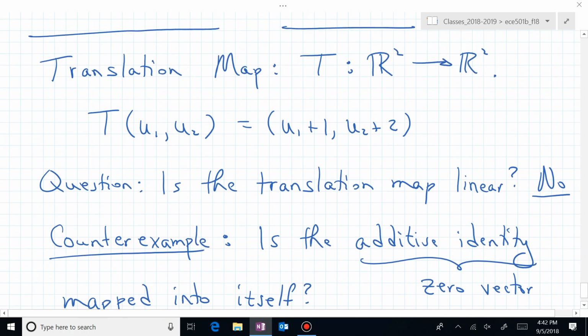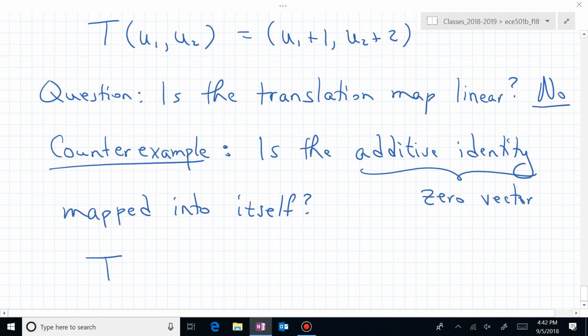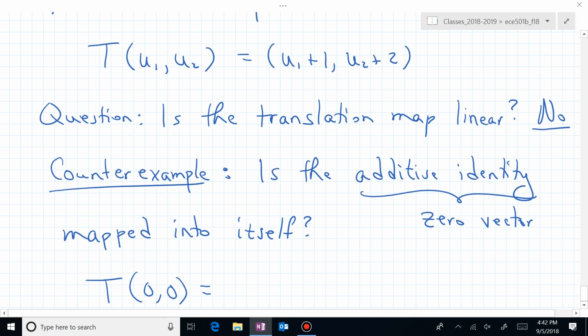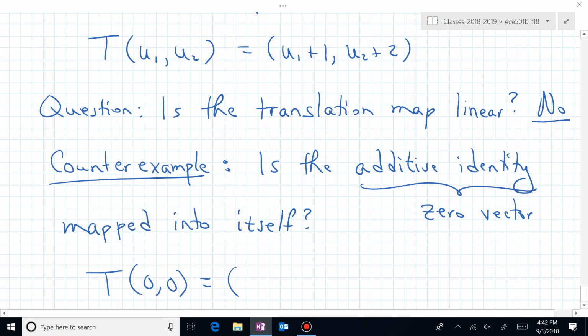What's the additive identity in R2? (0, 0), isn't it? So now we pick U1 equal to 0 and U2 equal to 0. If we apply this map to (0, 0), what do we end up with in our coordinates? What's in the first coordinate? 1. What's in the second coordinate? 2. Is that equal to the 0 vector?